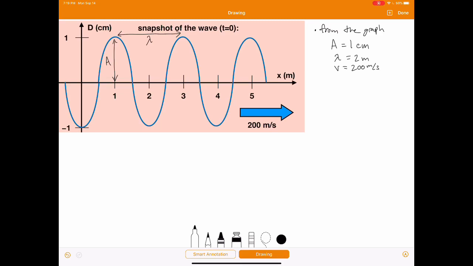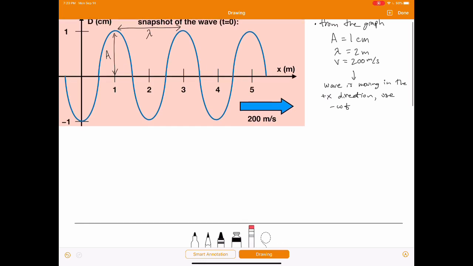Also, since the wave is moving in the positive x direction, when it comes time to write out the function for the wave, we're going to use minus omega t.